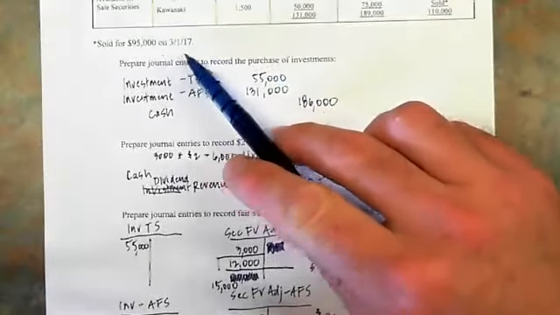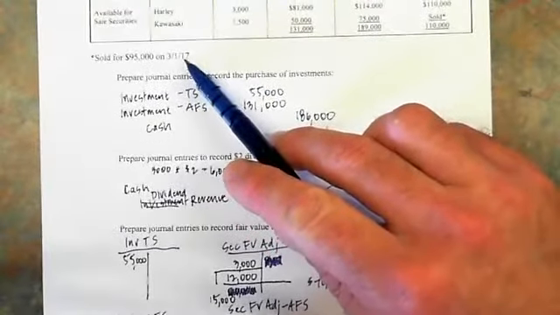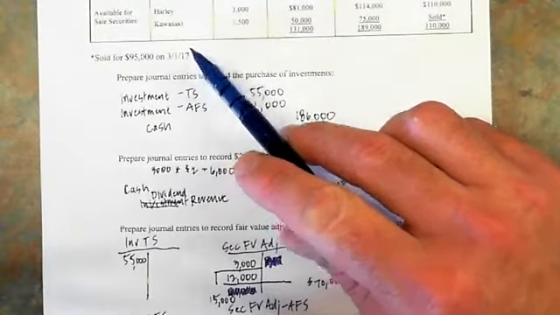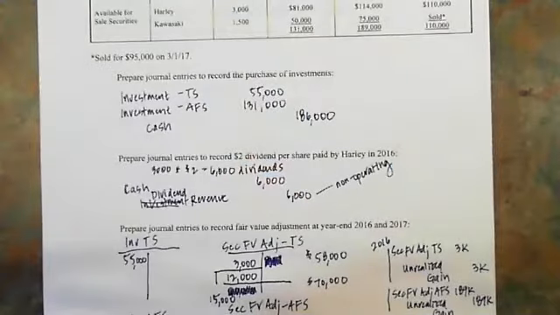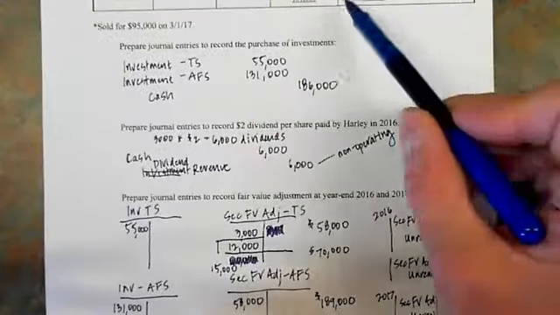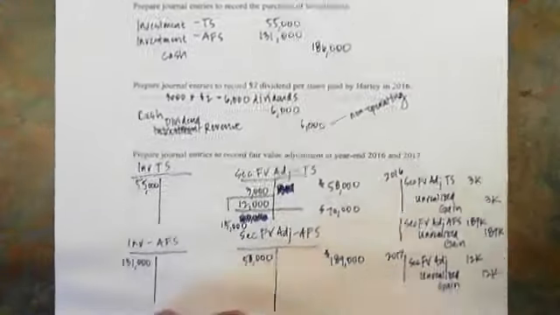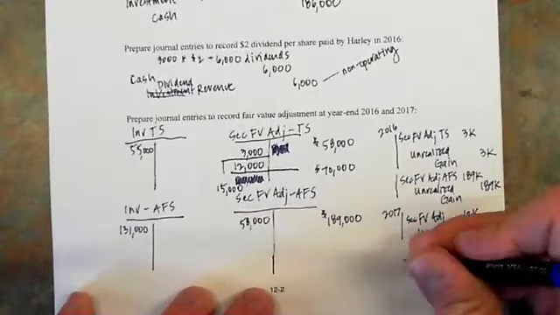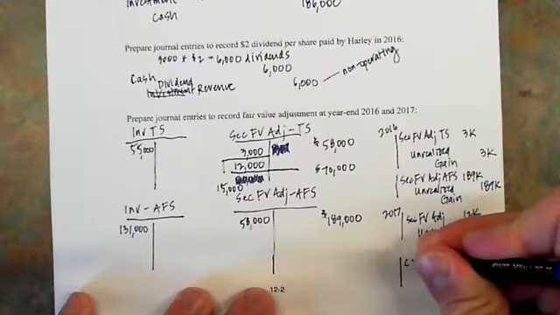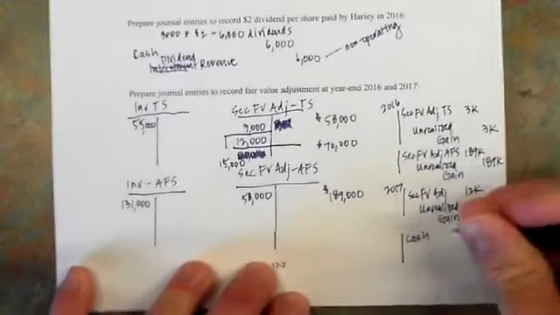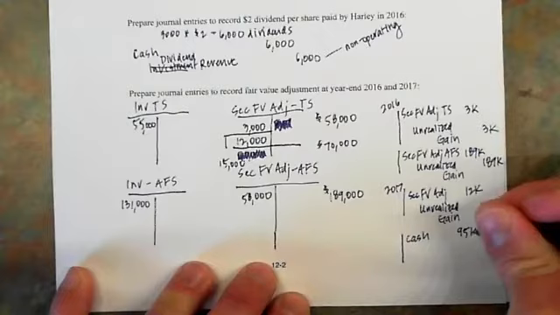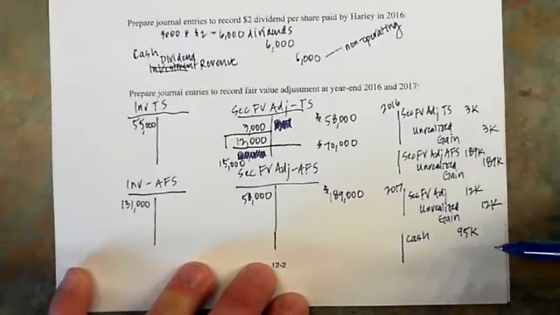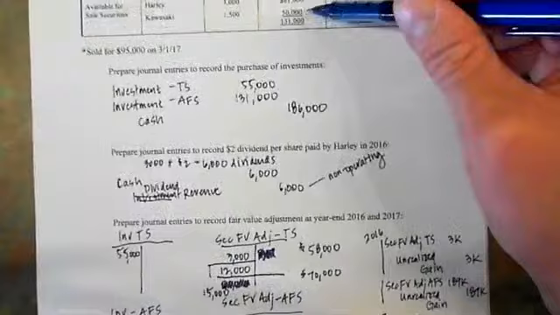It sold for $95,000 on March 1st, 2017, and it was purchased for $50,000. So when we record the sale, we get cash of $95,000. We want to record Kawasaki being sold at its historical cost, which was $50,000.